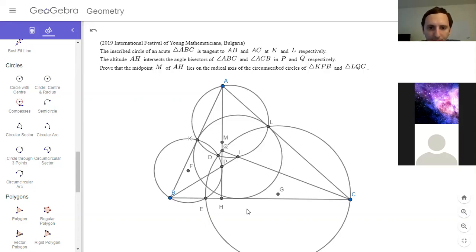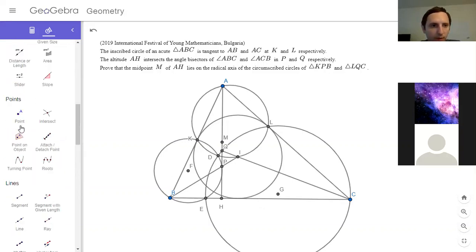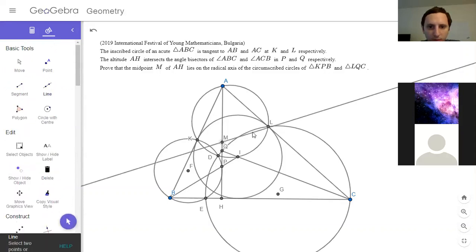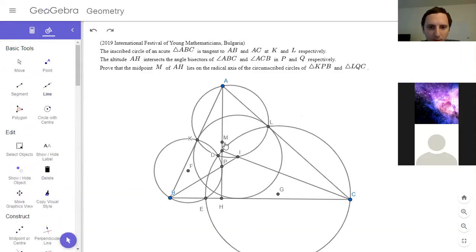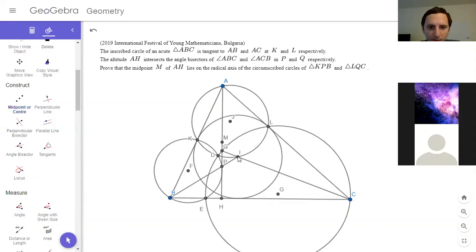I wonder. Let's see. So J, F, and G are the centers of those three circles.